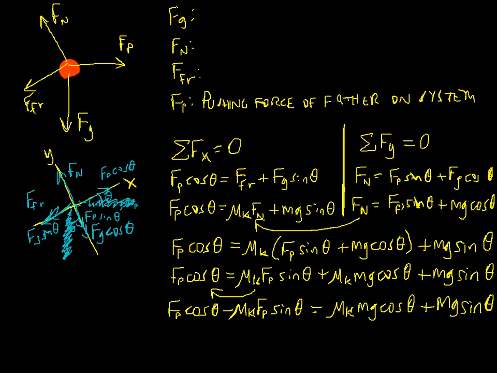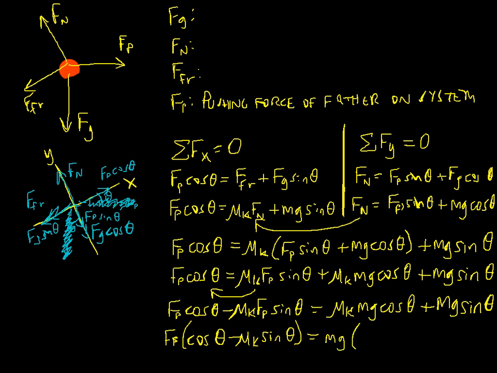And just like in part B, where we factored out the tension, we're going to just factor out the pushing force. So Fp times the cosine of theta minus mu k times the sine of theta is equal to, and on the other side of the equation, even though it's not critical to do so, since both these terms have an mg in it, I'm just going to go ahead and factor that out.